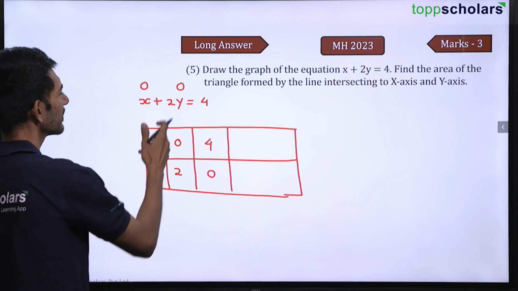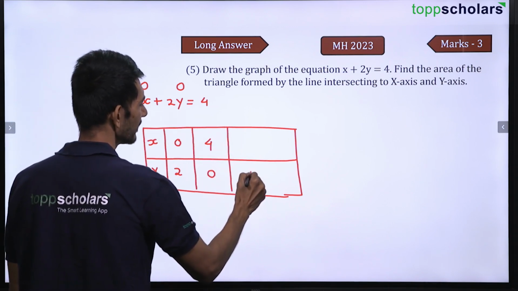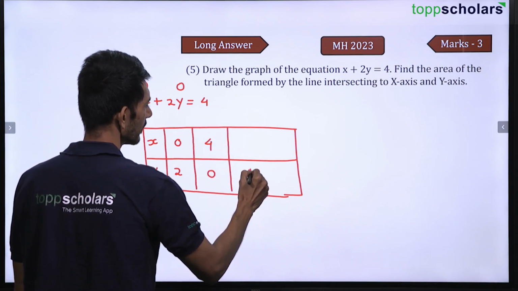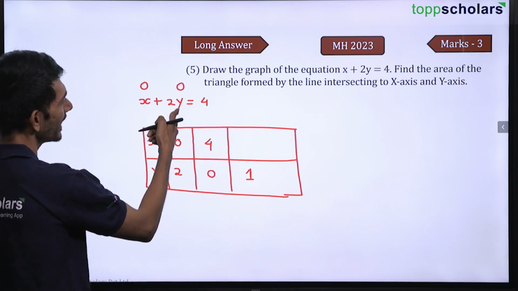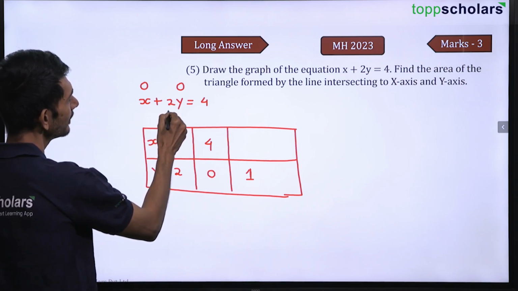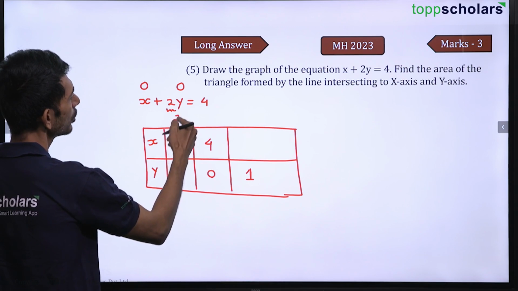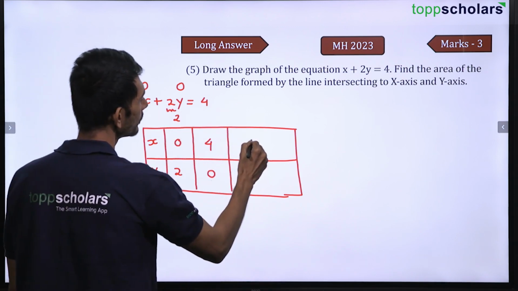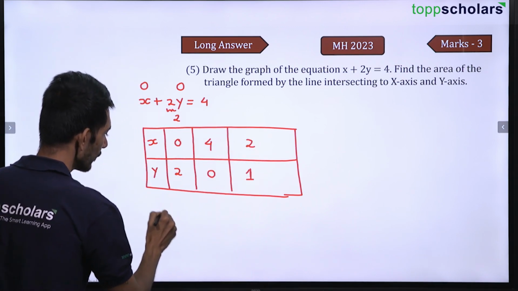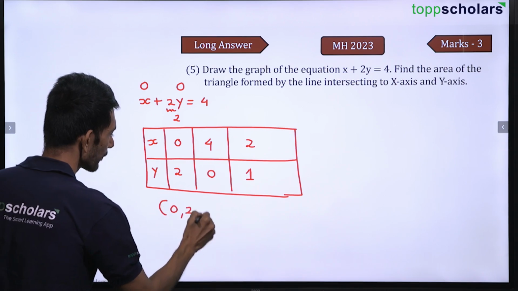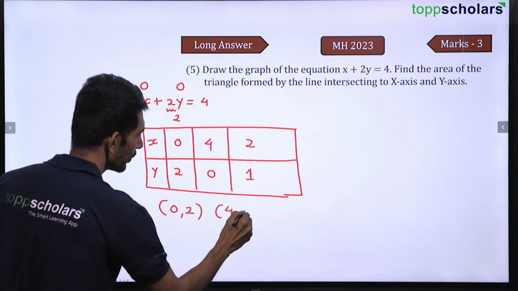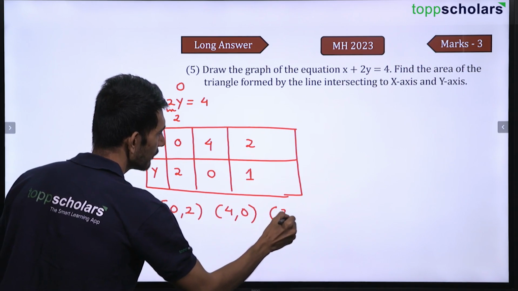And then I can put, say, y as 1. That's your choice. It's completely your choice. If I put y as 1, 2 ones are 2. 2 will go on that side, x will become 2. So we have 0, 2. We have 4, 0. And we have 2, 1.